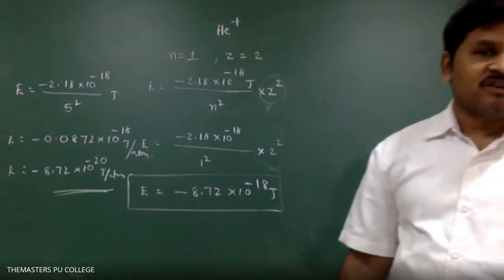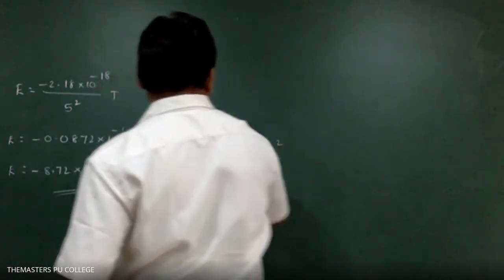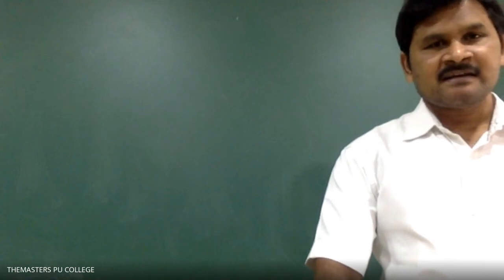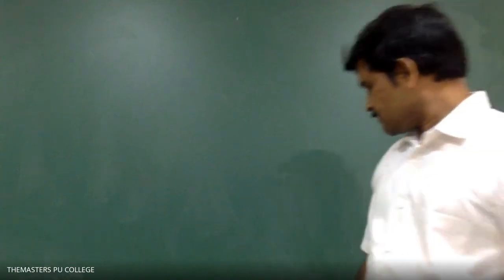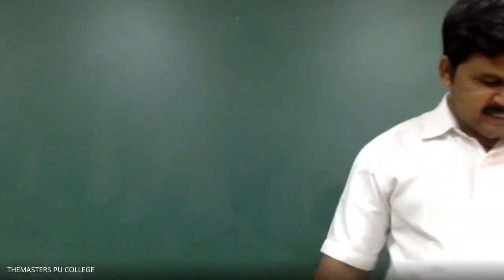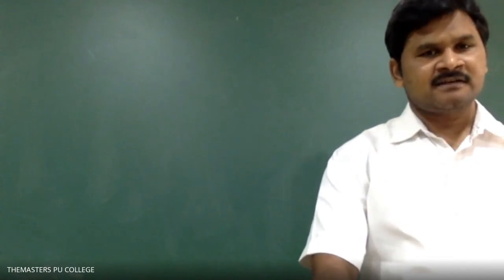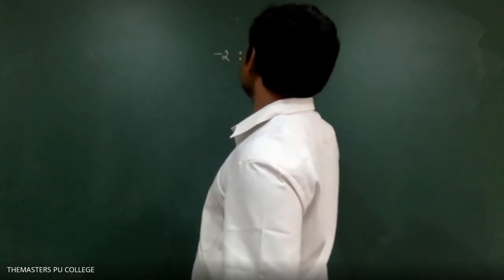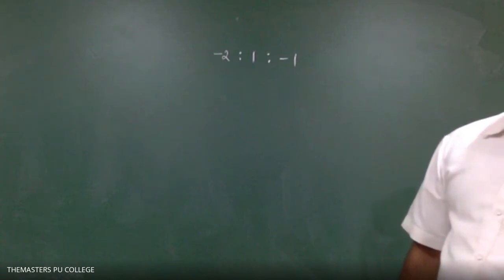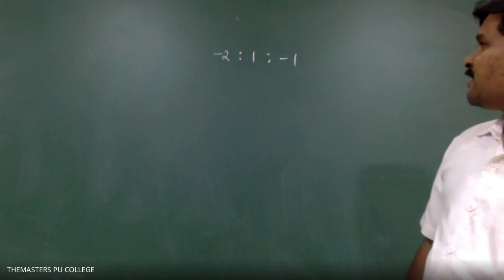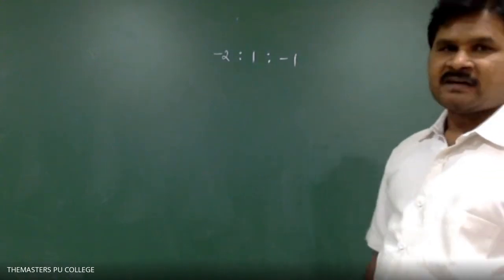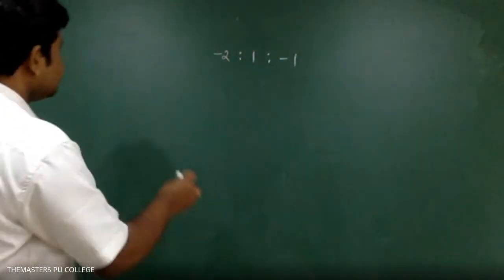Please write down the ratio of potential energy, kinetic energy, and total energy is equal to -2:1:-1 for hydrogen atom. This value we have to remember.